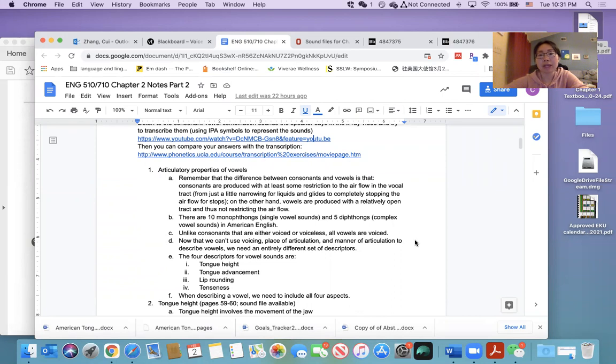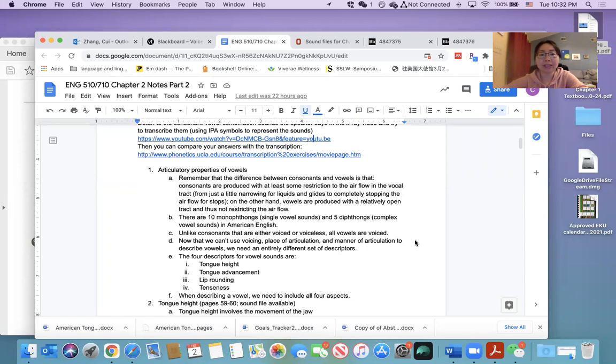For consonants, we can use the features of voicing, place of articulation, and manner of articulation to describe the consonants. But for vowels, because all of them are voiced, we cannot really use the same features to describe. Instead, we use 4 descriptors for vowel sounds.